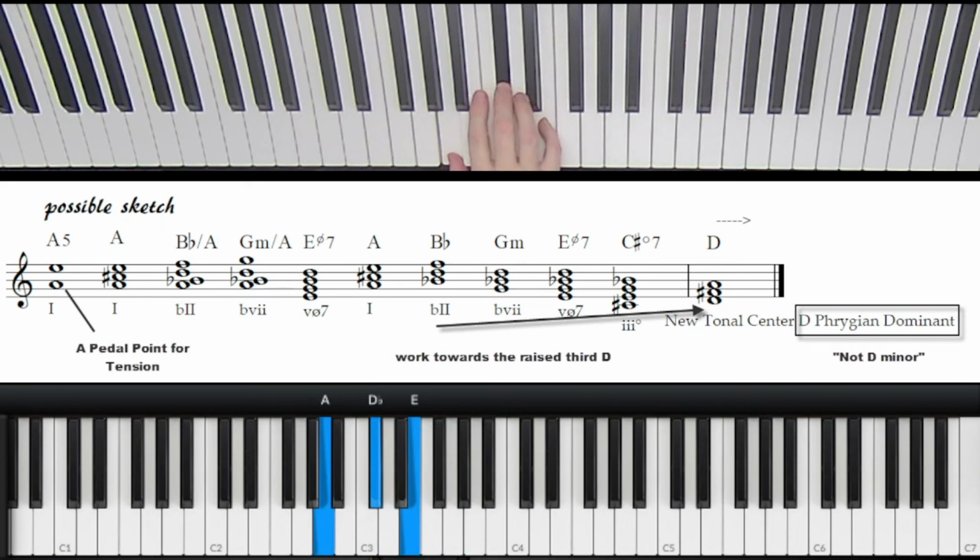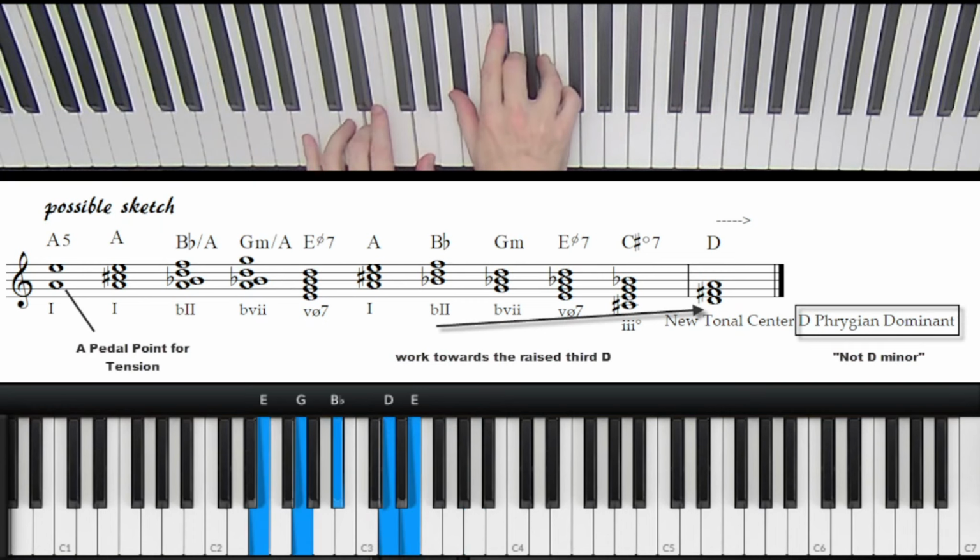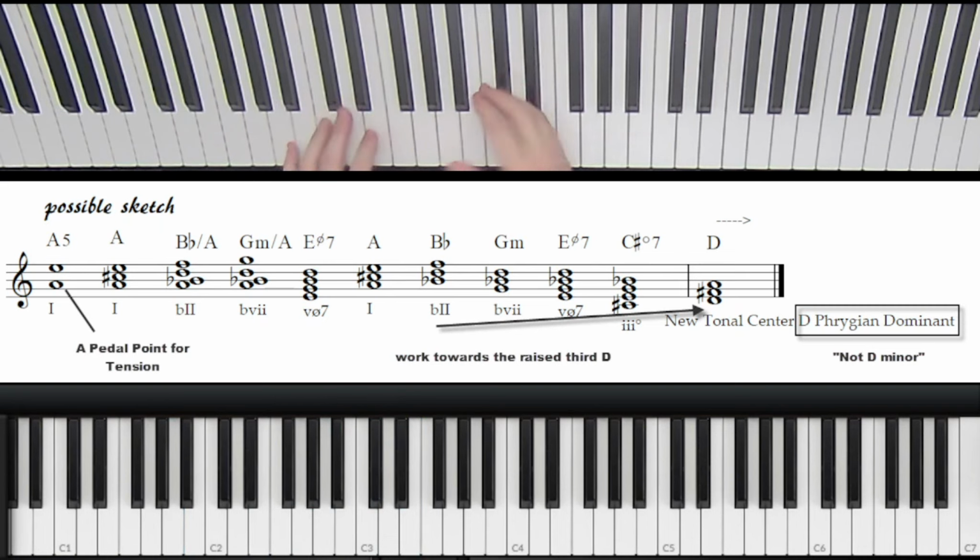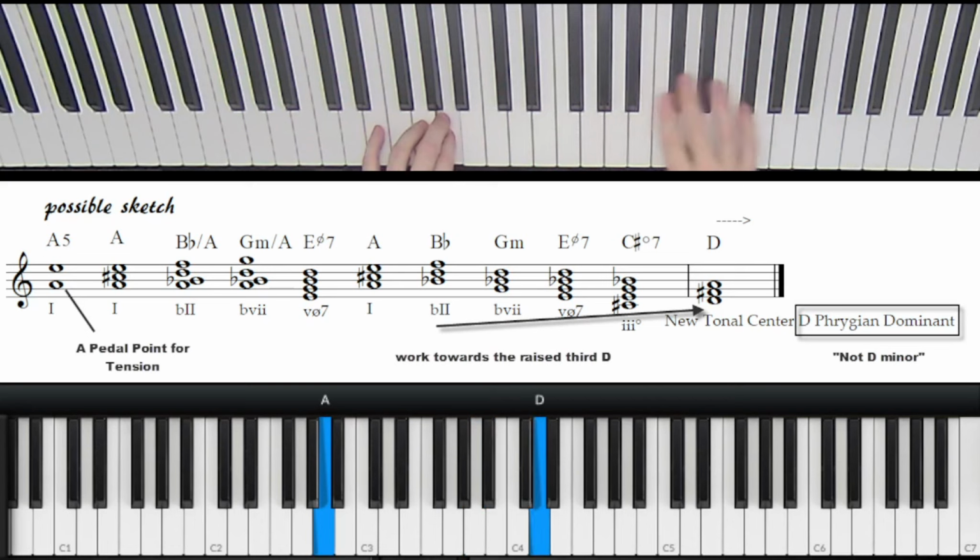It's the fifth mode of D harmonic minor, but you don't necessarily have to go to D harmonic minor. Phrygian dominant is its own tonal center. This would be an easy way to modulate from one Phrygian dominant to the other, simply treating that as if you're going to the D minor Picardy third.